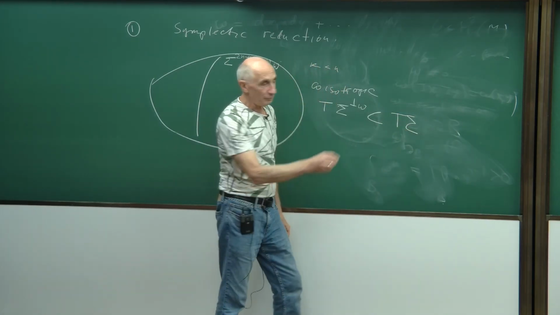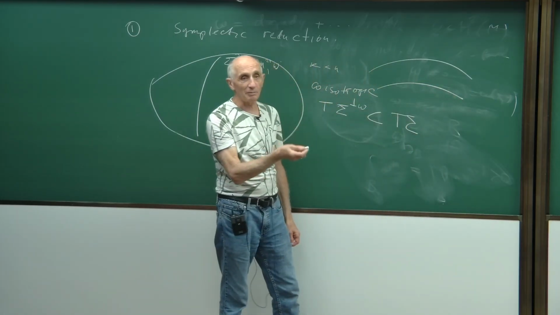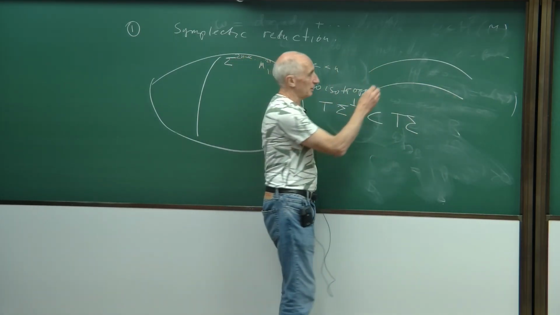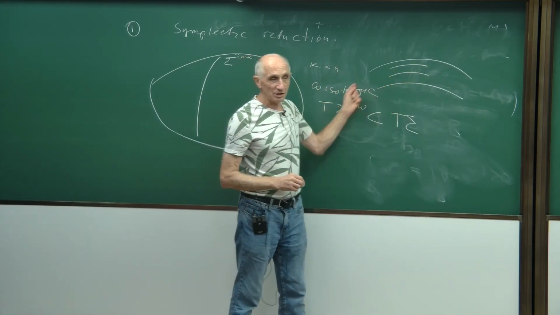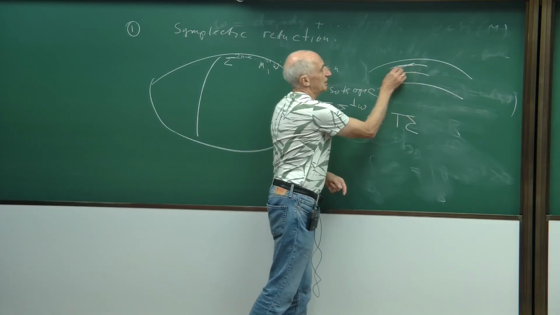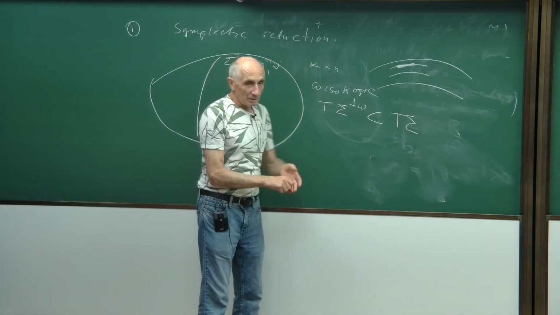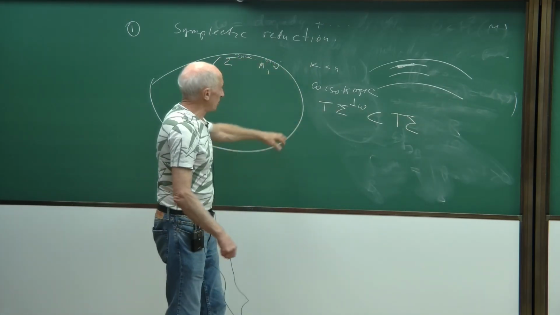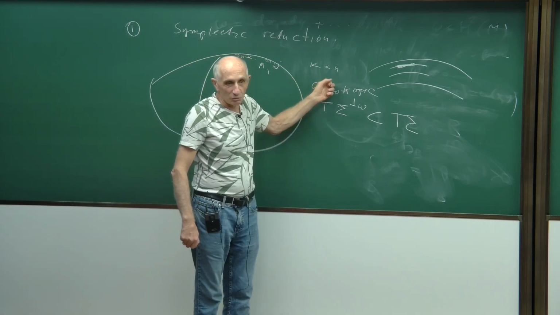For instance, every hypersurface is automatically coisotropic, because then the orthogonal complement is one dimensional, and it's the direction of the kernel, always tangent. For half dimensional, although I didn't allow you to say less, you can also go to one dimension.